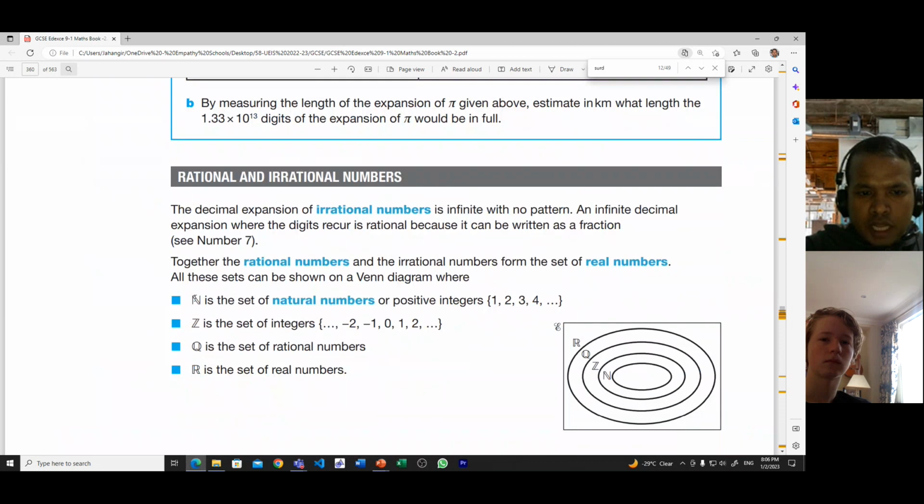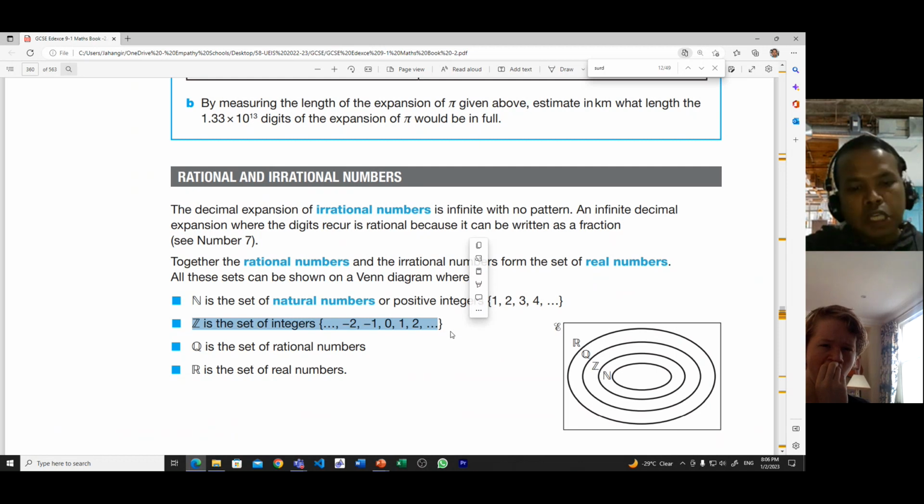We write N for the natural numbers, which start from 1 and go to infinity. If simply Z is there, it means all the integers.